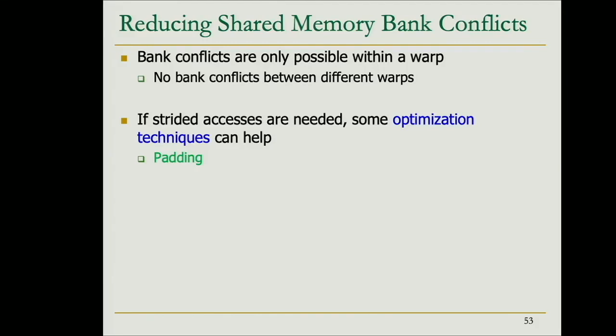Okay. Yeah, so imagine that, you will see, it's actually very simple. Imagine that this is our shared memory. This is bank 0. This is bank 1, bank 2, and this is bank 31. So I need my threads accessing something like this.